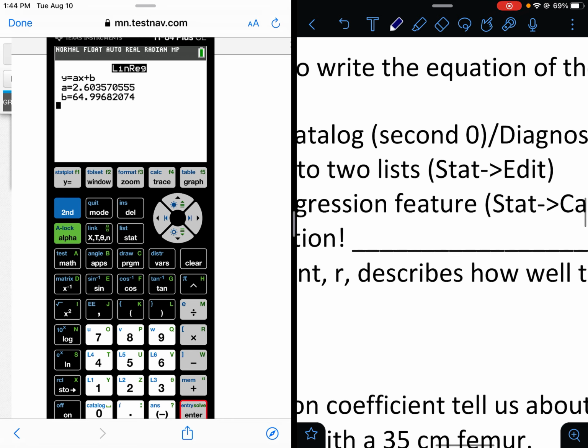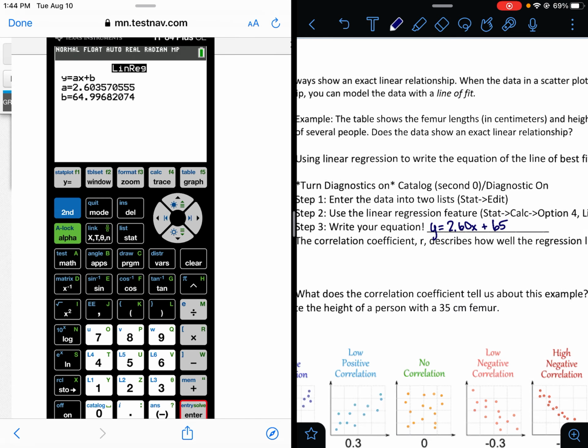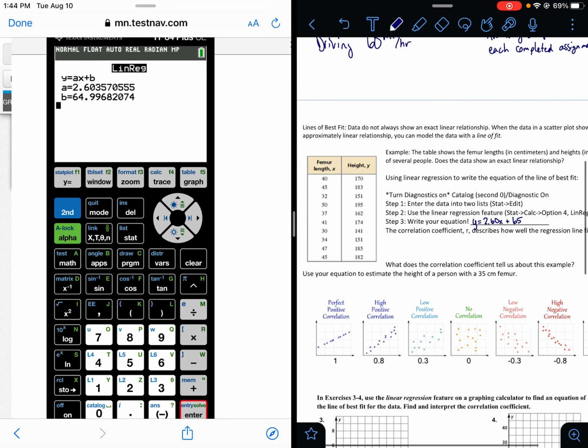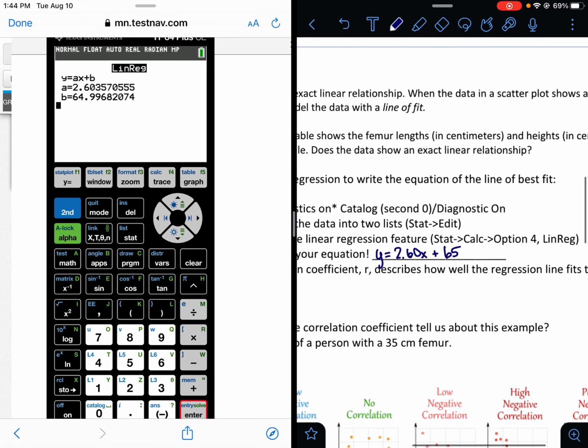It says write your equation, so that's what I'm going to do here. So y equals, I'm just going to do 2 decimal places, and then plus 65. So there's my equation.